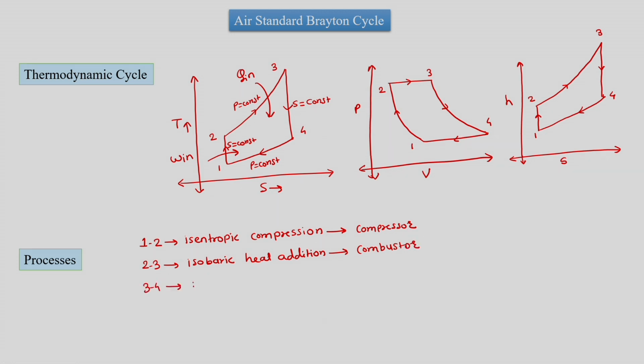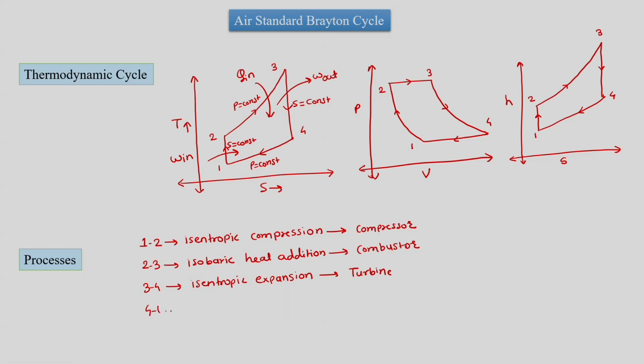Process 3 to 4 is isentropic expansion. This is the process in which work is done, and it is done in the turbine unit. So this is W out.